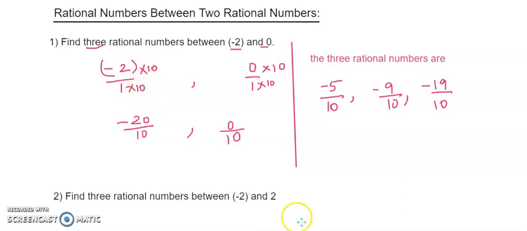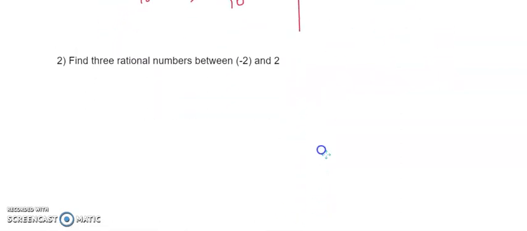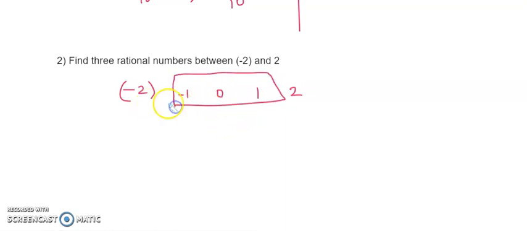Clear? Same way. Next, find three rational numbers between -2 and 2. Now between -2 and 2, basically how many integers lie? There is a -1, there is a 0, and there is a 1. Correct? So I can find three rational numbers between the two given numbers, right?